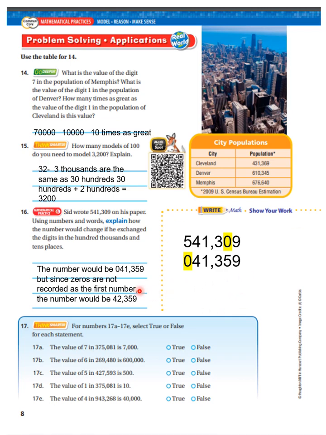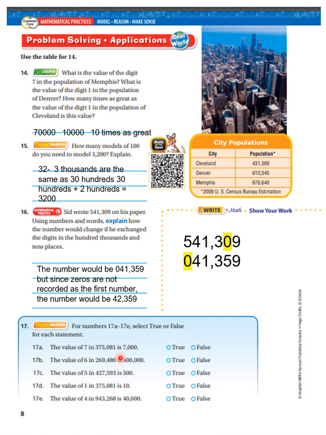All right, from the numbers 17A through 17C, select true or false. The value of the 7 in 375,081 is 7,000. Is that true or is that false? It's false. The 7 in 375,081 is 70,000. The value of the 6 in 269,480 is 600,000.